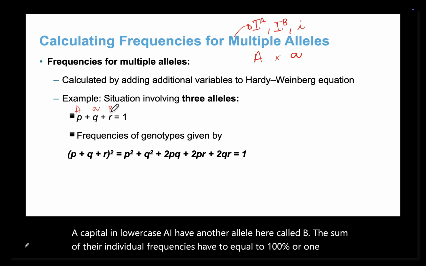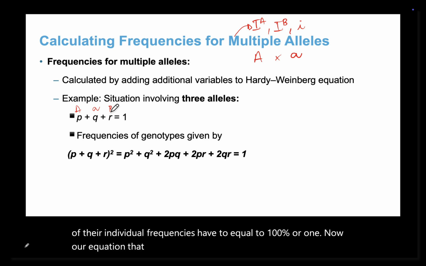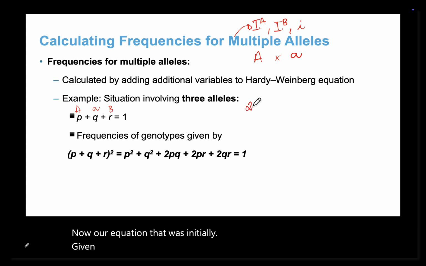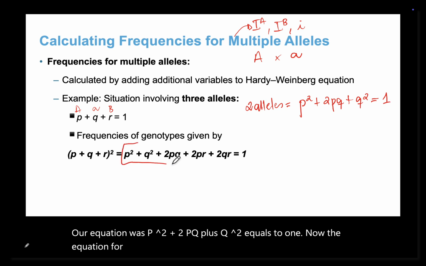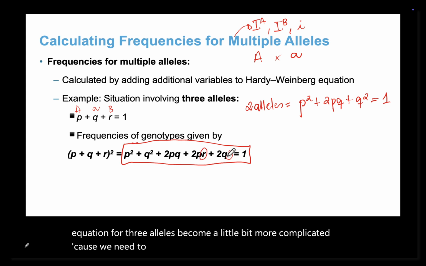Now, our equation that was initially given, so for 2 alleles, our equation was p squared plus 2pq plus q squared equals 1. Now the equation for 3 alleles becomes a little bit more complicated because we need to add this other allele in the game.